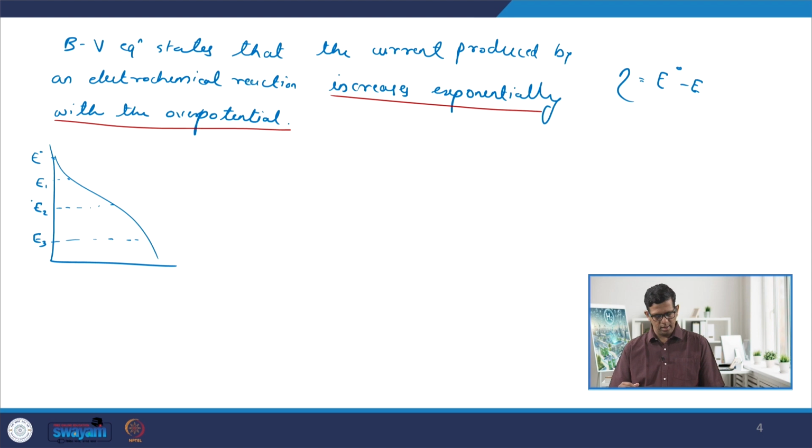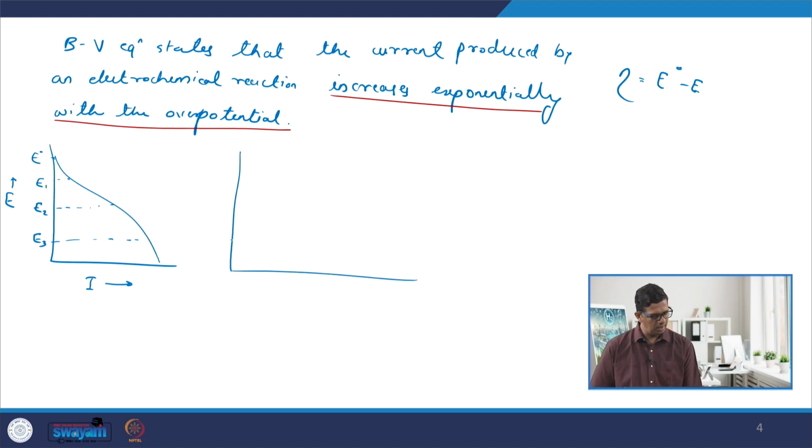So as this difference, E naught minus E1, or E naught minus E2, or E naught minus E3, increases, the current that we can draw from the cell will also increase.